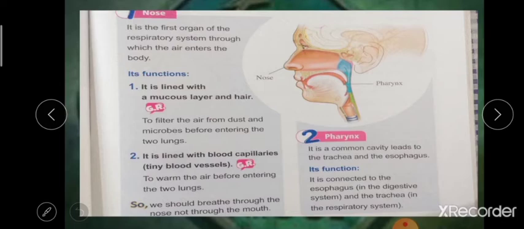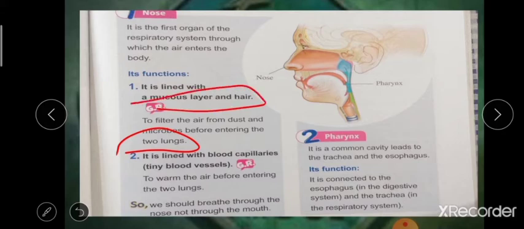Why? To filter air before entering the lungs. The nose is lined with a mucus layer and hair to filter air before entering the lungs.